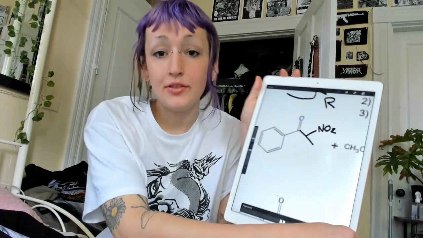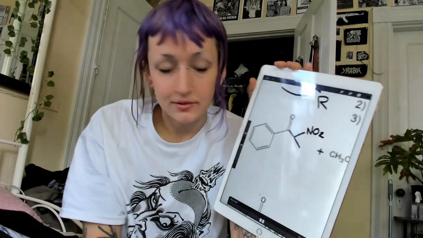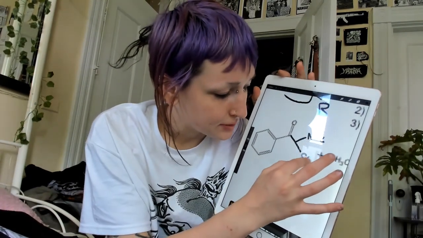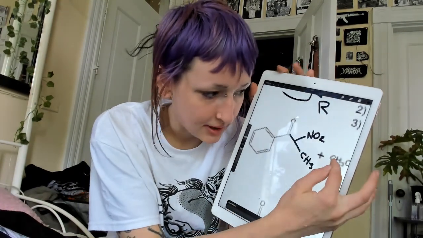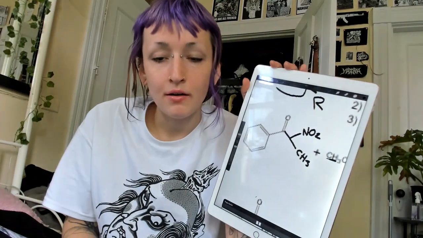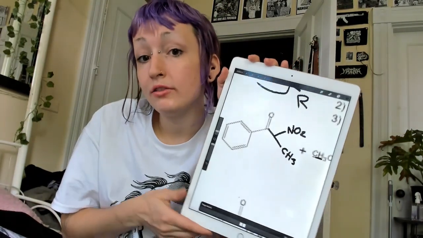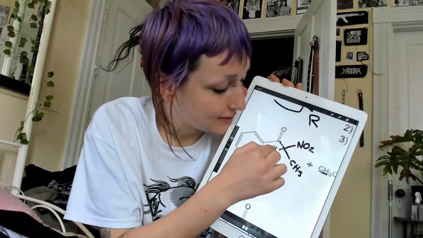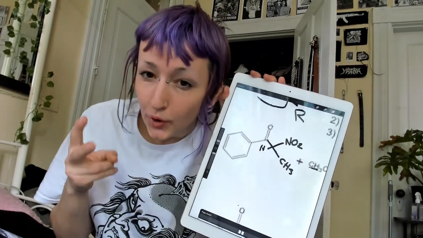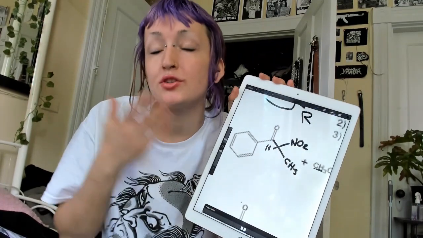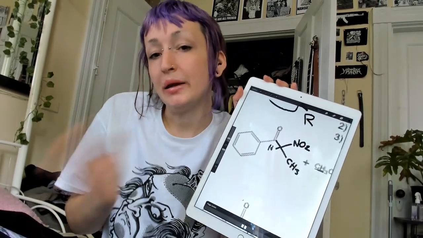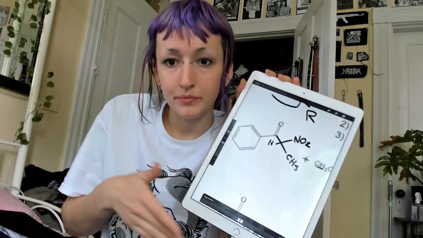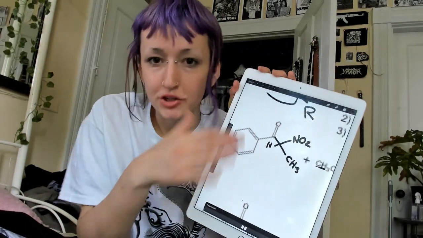Okay, now you have this, and this is just a CH3 here that was on this guy. It's that same CH3. What you have here still is a sort of pseudo, it's not a carbonyl, it's an NO2, but it's a pseudo beta dicarbonyl alpha hydrogen that's available.